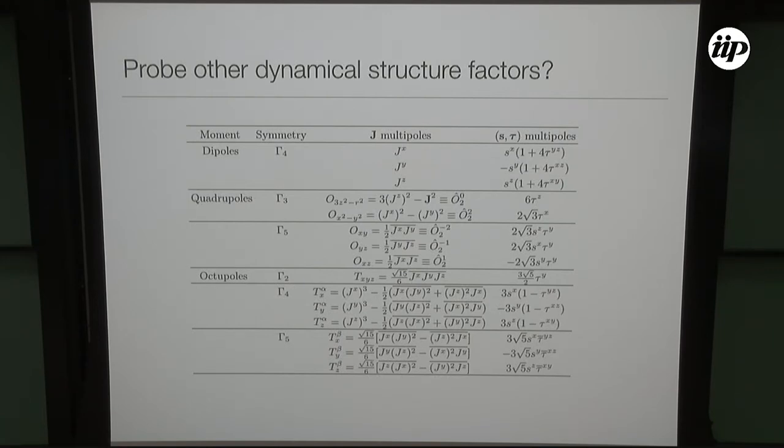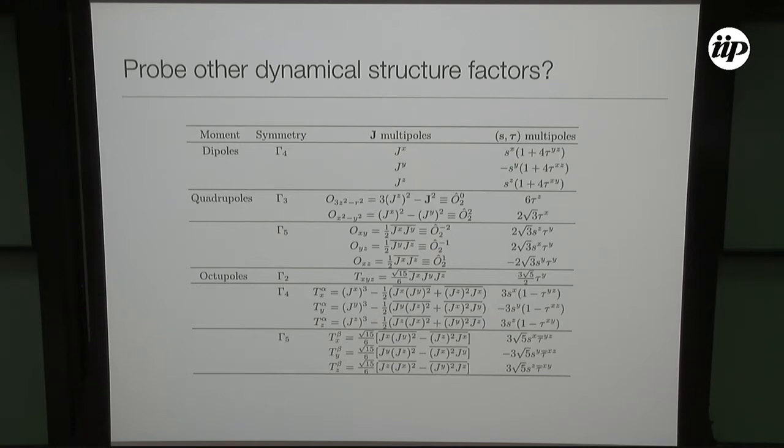So we started wondering if it would be possible to probe the different energy scales that we have by considering other dynamical structure factors. The results I've shown you so far are all expressed in terms of properties of the total angular momentum J. But remember, these are spin 3/2 operators, and for spin 3/2, it can have higher multipoles, things like J squared or J cubed operators, which are the quadrupole and octupole moments of the spin.